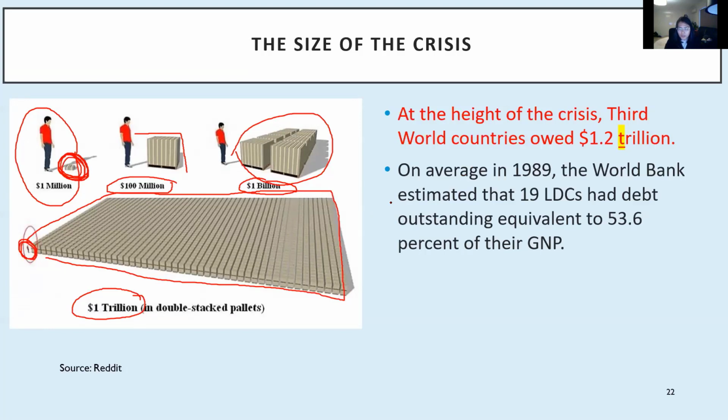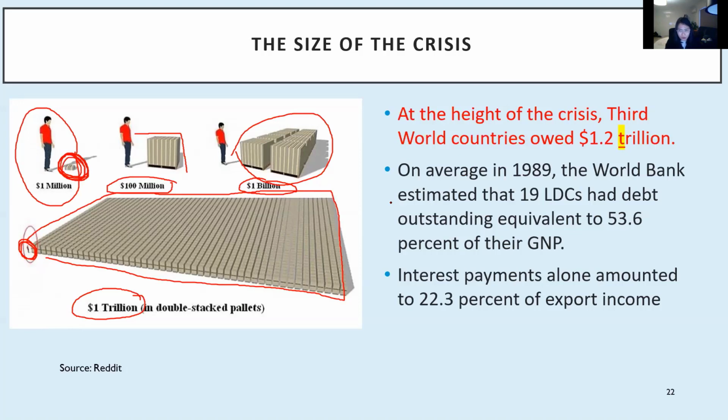So in terms of their income, in terms of their GDP, for example, in 1989, the World Bank estimated that the developing countries had debt outstanding equivalent to about half of their GDP. Okay, so that's about half of their income going to pay borrowing costs.